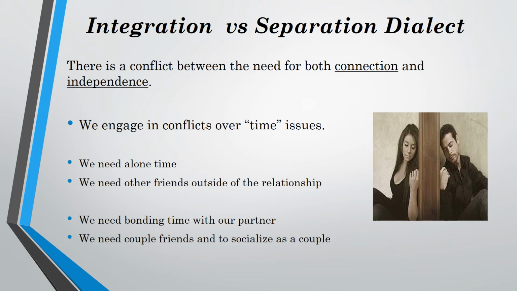We want to bond with our partner, but we also need to bond with others like family members, friends, etc. outside of the relationship. We also need to bond as a couple with other couples and with other friends. And so learning how to manage your relationship in a variety of different contexts could be very beneficial for the relationship.